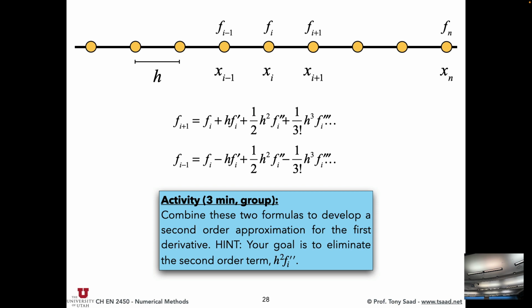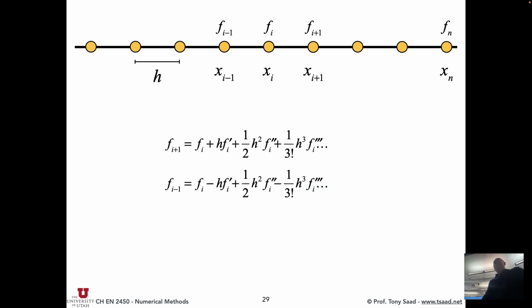So what would you do to these two Taylor series? How would you maybe add them together and see if you can extract f prime, so that you eliminate this term? Maybe subtract them from each other, and then you would have only the h cubed term. Okay, so subtract and divide by 2. Right. Okay, so let's go ahead and subtract them.